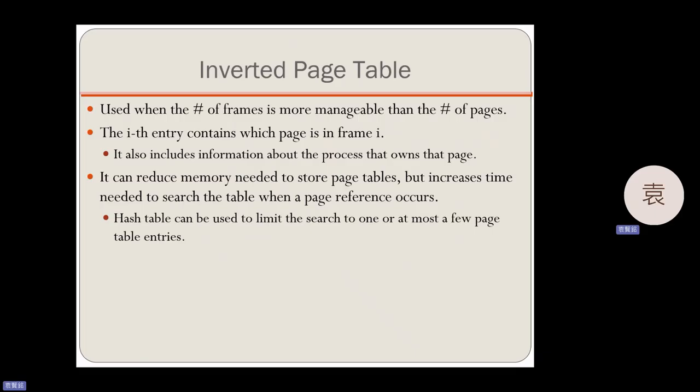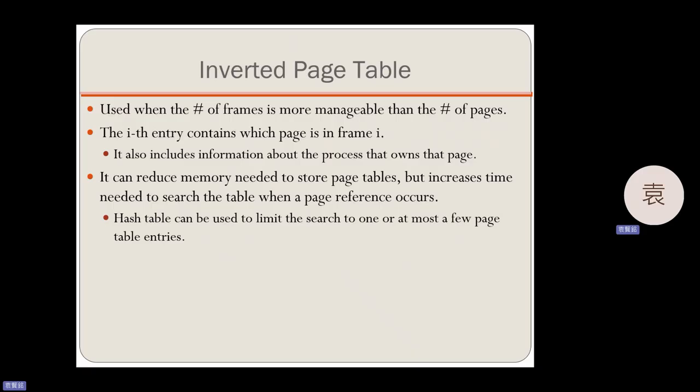An inverted page table can also be used. The philosophy behind it is that the number of physical frames is fixed, while the logical page table may vary in size because different programs may have different logical page table sizes.